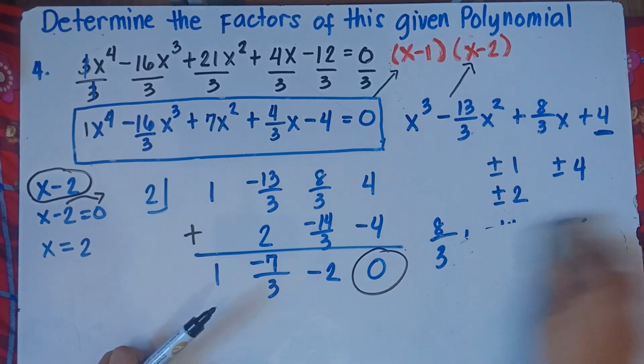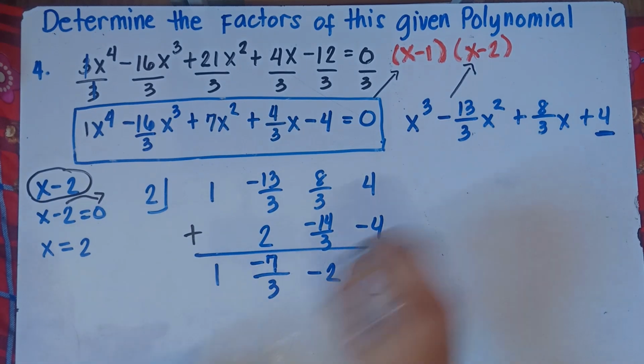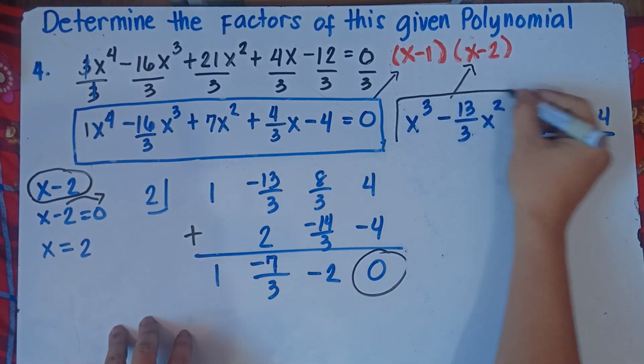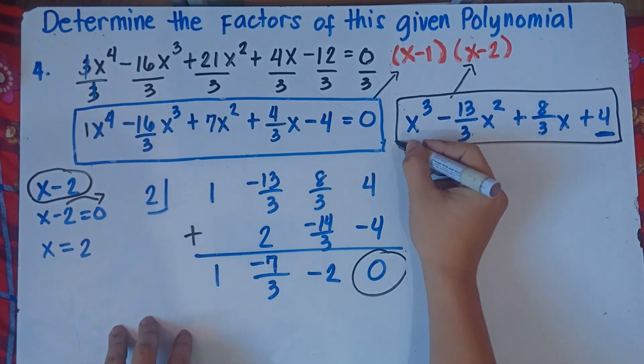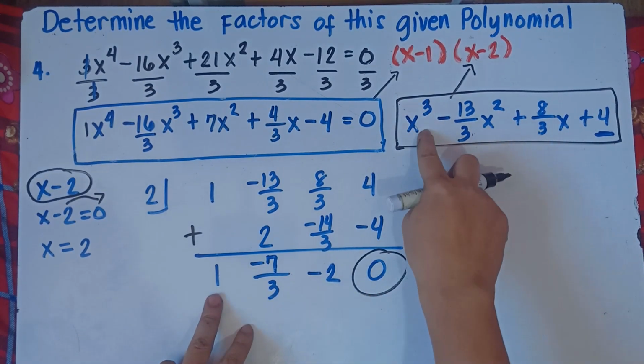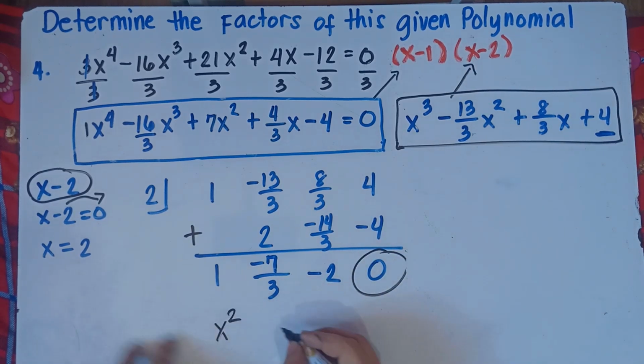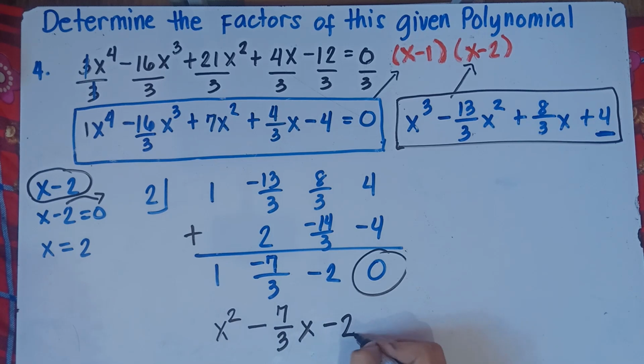And our third answer will be, once again, x cubed divided by x, which is x squared. So this will be x squared minus 7 over 3 x minus 2.